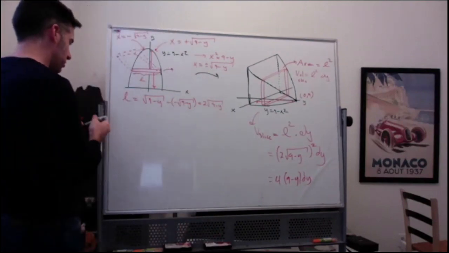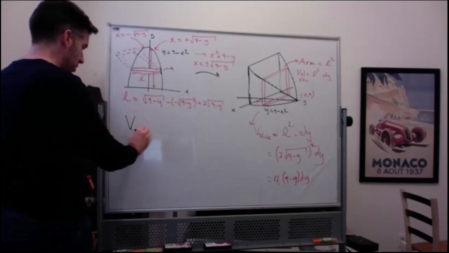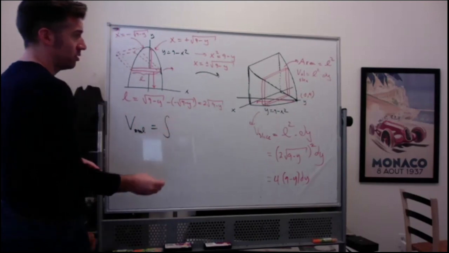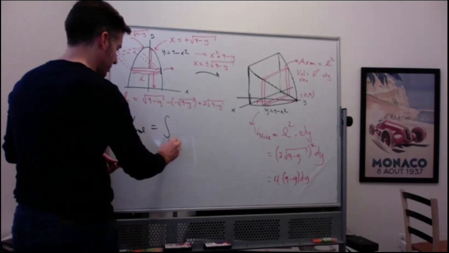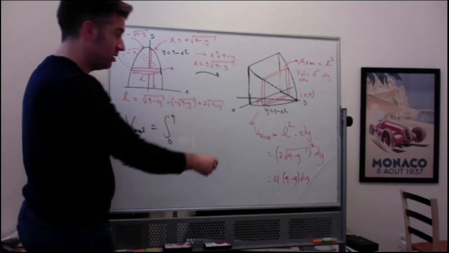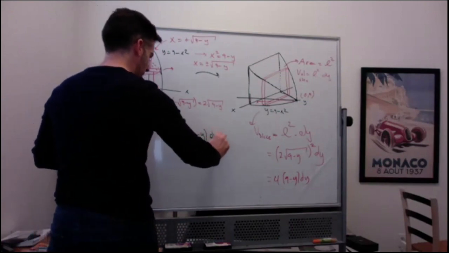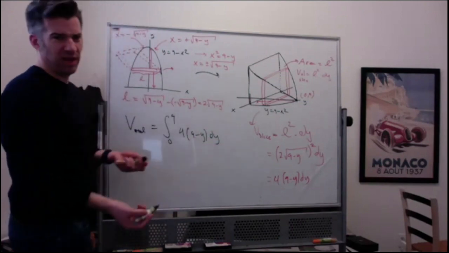So the total volume is going to be the integral, or the adding up, from 0 to 9 of the volumes of the slices, which is 4 times 9 minus y dy. You can distribute the 4, but I don't really want to.